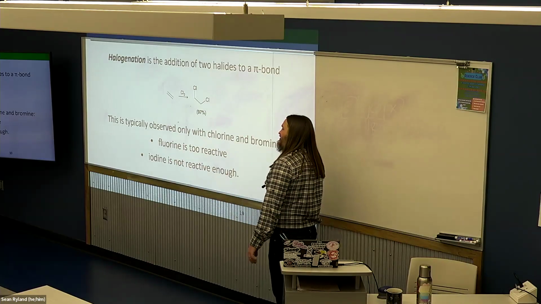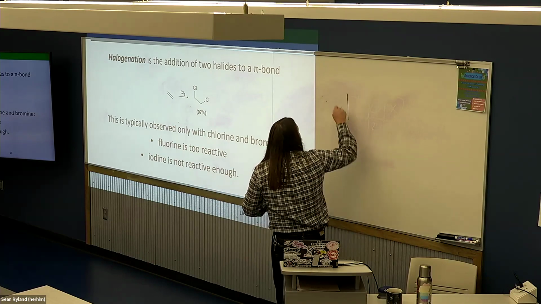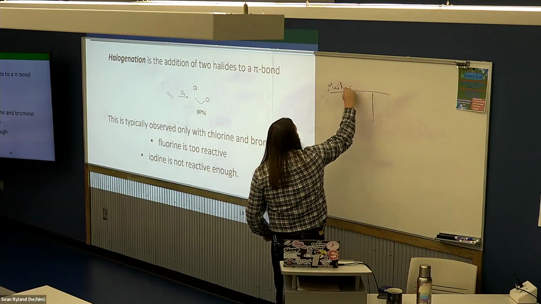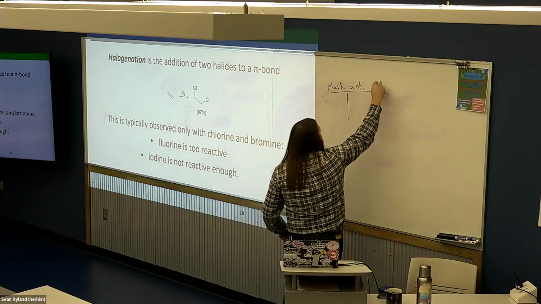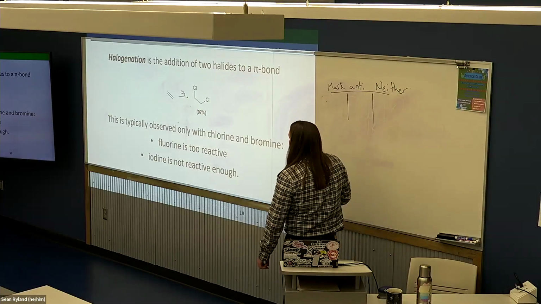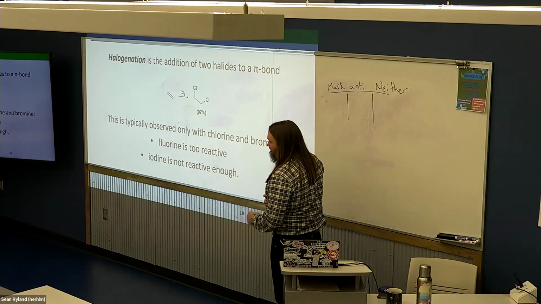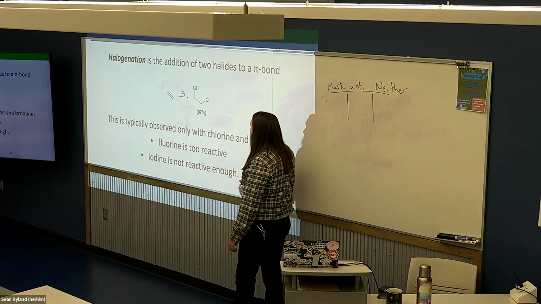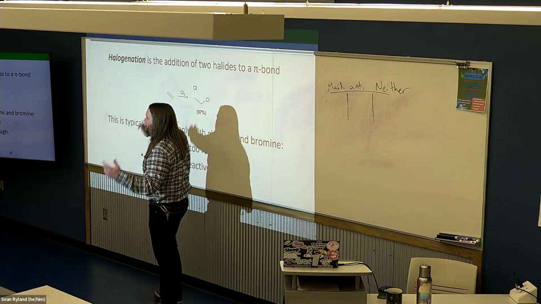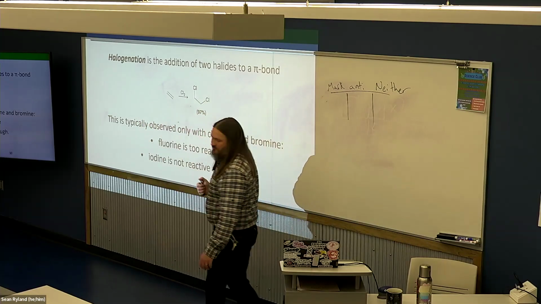You can have Markovnikov, anti, or neither slash both. This is going to be another neither slash both, because anytime it's symmetrical, we're adding the same thing on both sides. You can't tell what I added where.